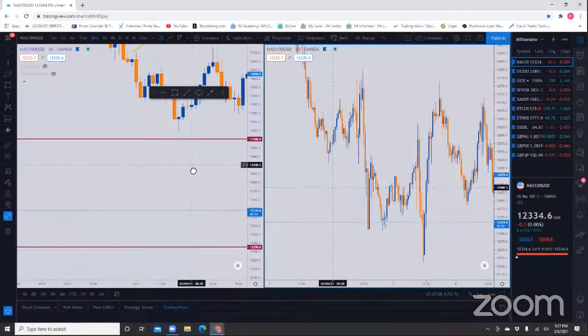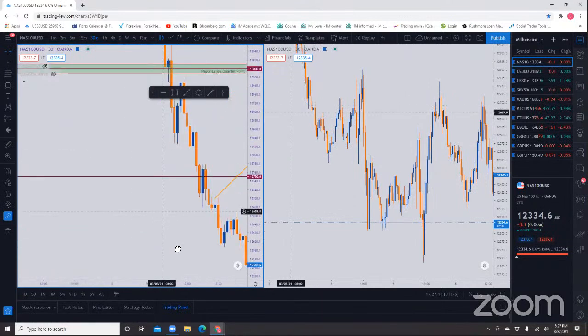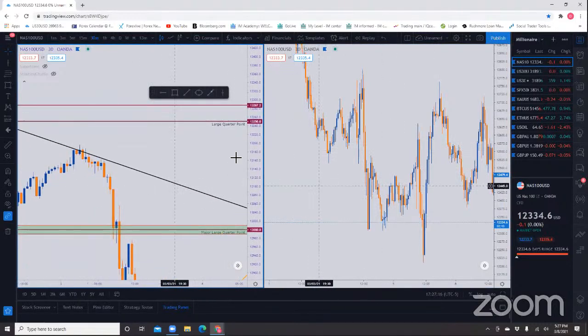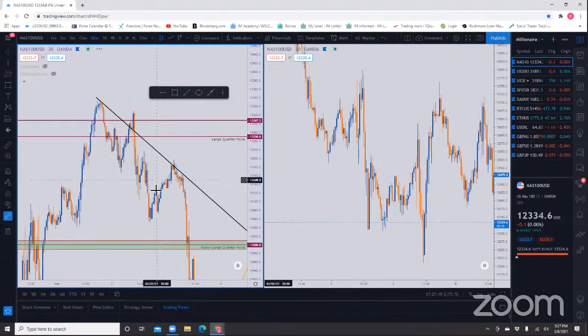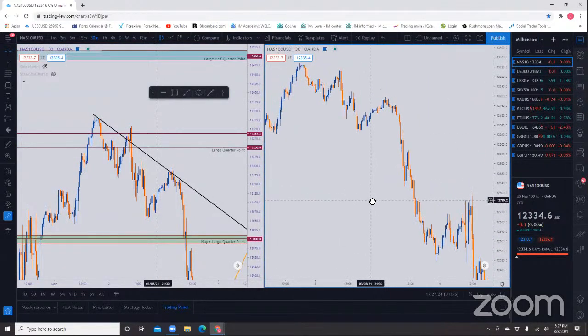Okay, can you see it? Yep. So you see how I have the two layouts, and for some reason it doesn't show the same thing I have on this side, on this side. Hit the reset on your chart. I don't see it. Hold on.